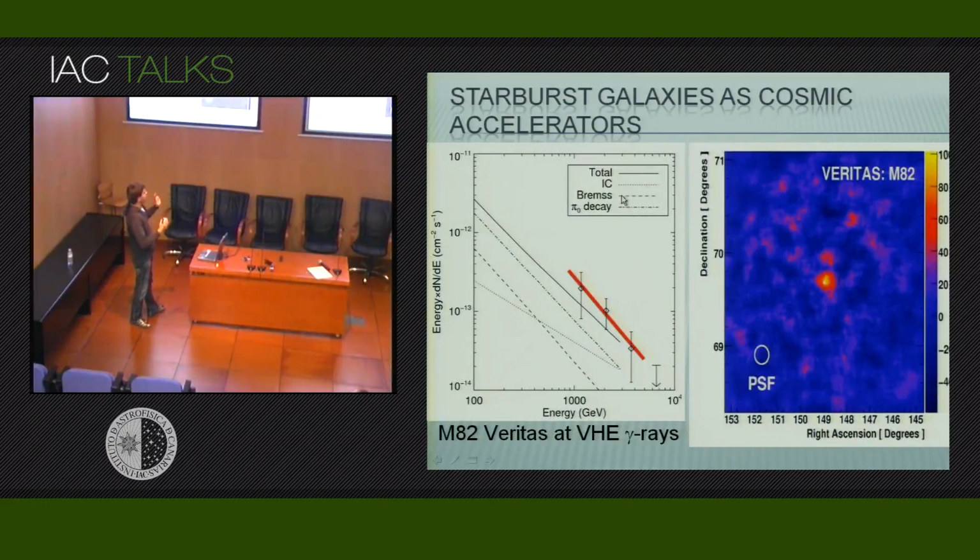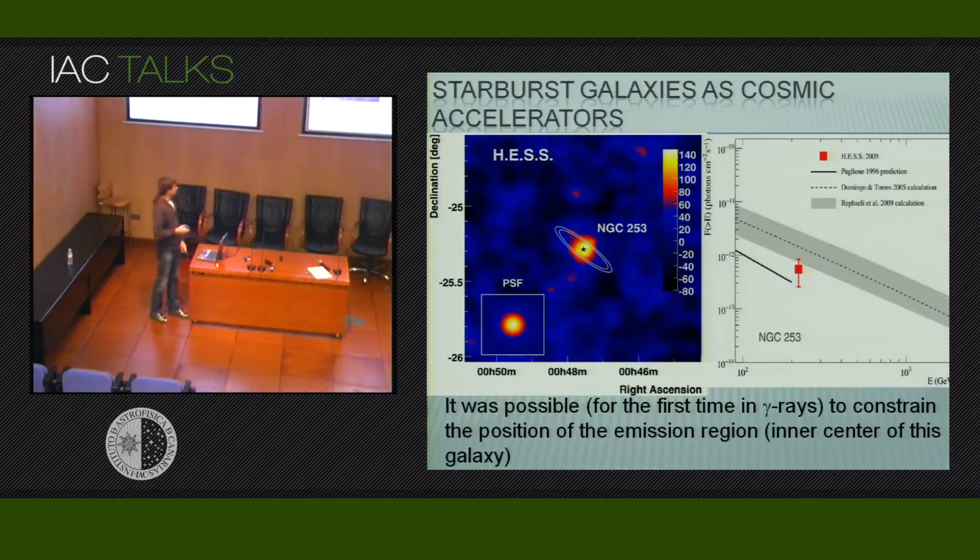So at least we were able to constrain where the emission is coming from. It's not coming from the outer edges of the galaxy, it's coming from the center. And we know from the optical observations that the starburst regions are here. So this is another strong confirmation. In that case, the emission was actually a little bit lower than what was predicted.